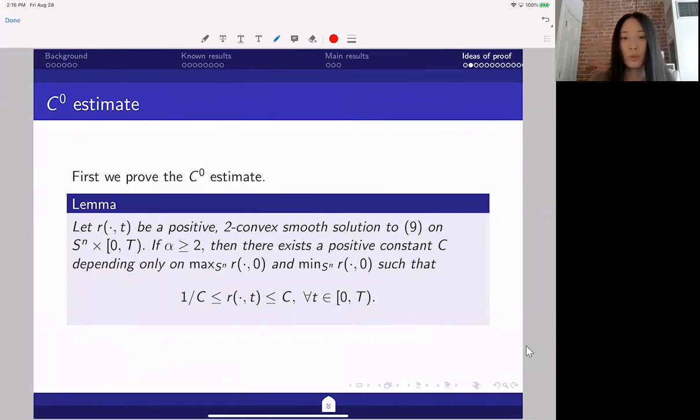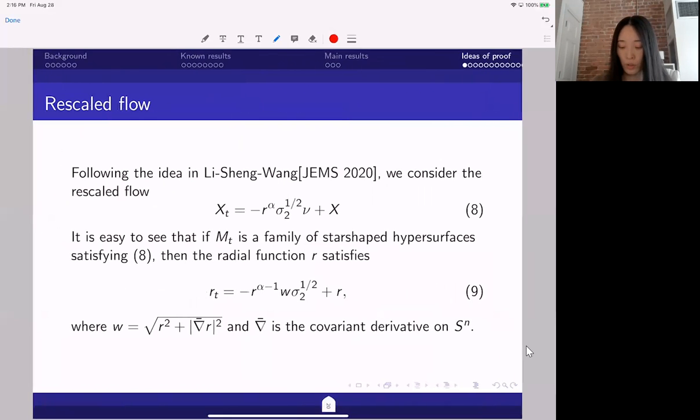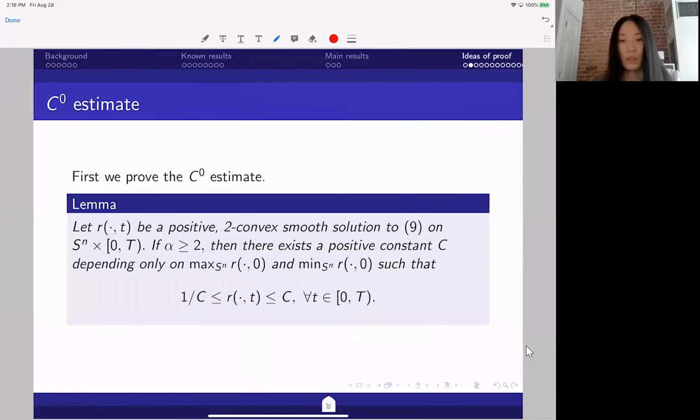Okay, first we prove the C0 estimate. Let r be a positive 2-convex smooth solution to equation 9, and we show that r is bounded from above and below. This part is actually very easy.